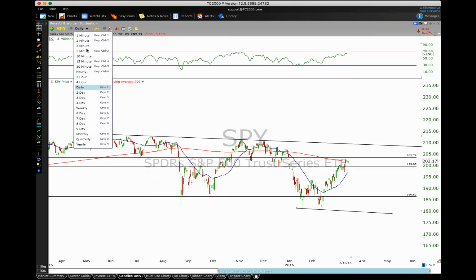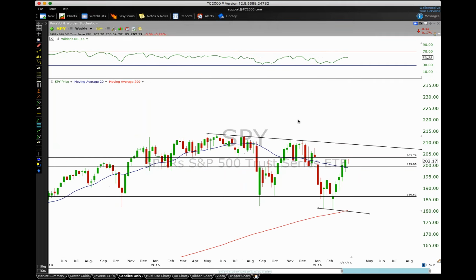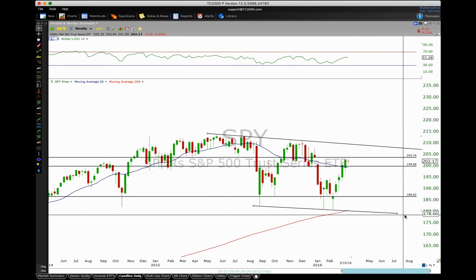So if you bring this out to a weekly, you could see a very easy, very identifiable pattern: coming off of this high, we're not going to use this candle because we went higher over here. By coming off of this candle and this candle, you could see your next projection is going to be our 177 gap, wherever that may fall.